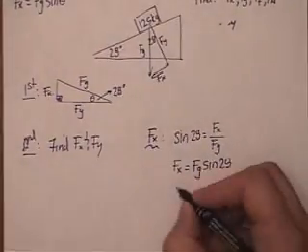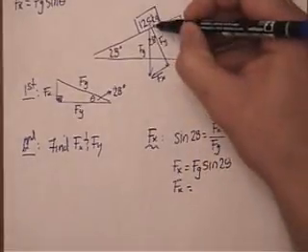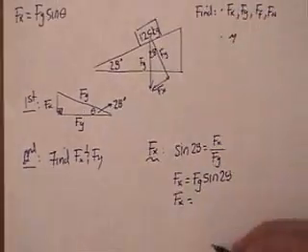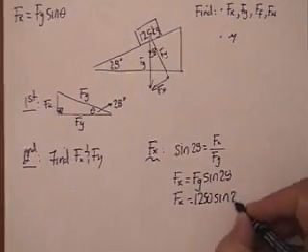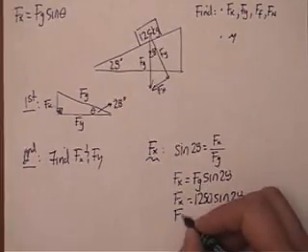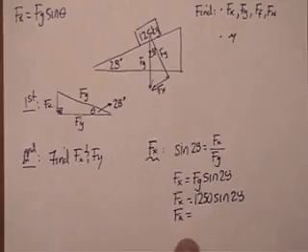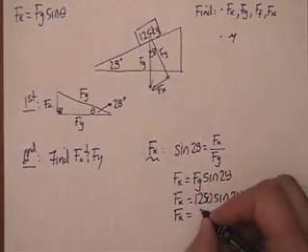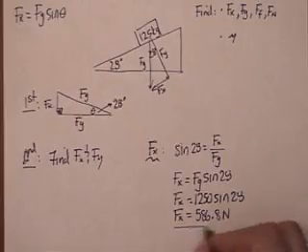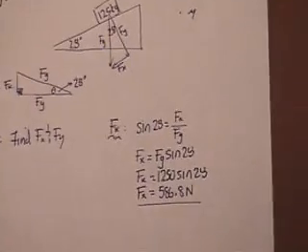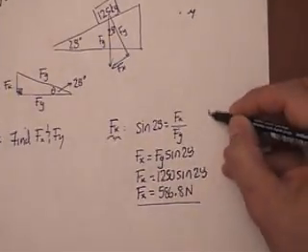Fg is 125 kilograms times 10, so that's 1250 newtons, times the sine of 28. So what is Fx? 586.8 newtons.